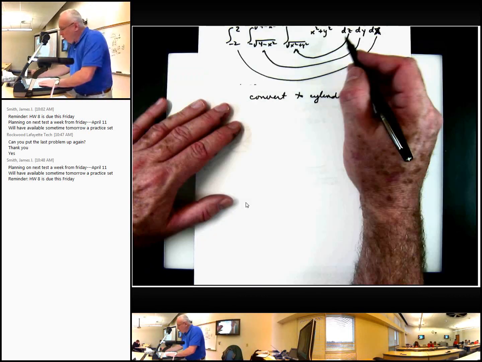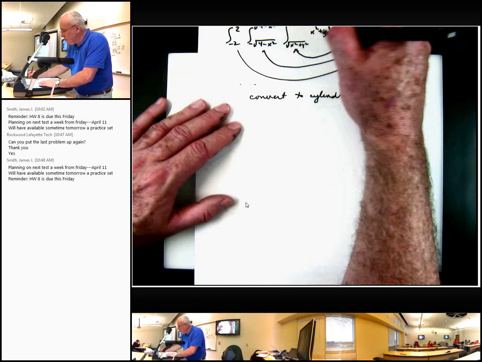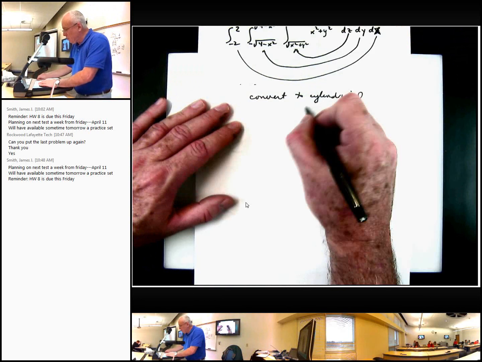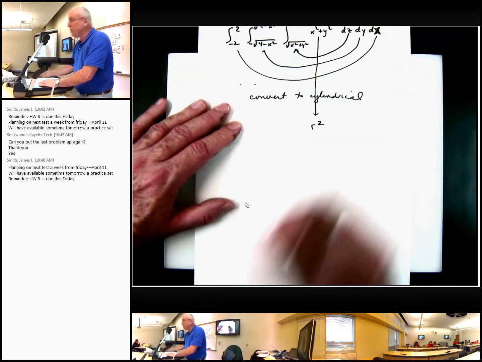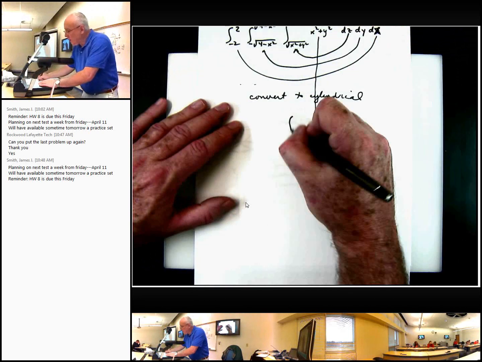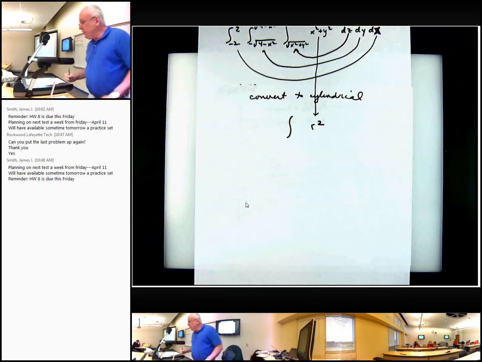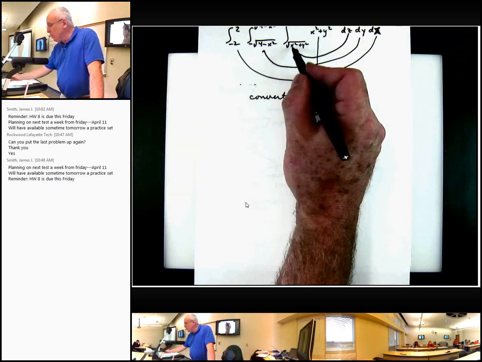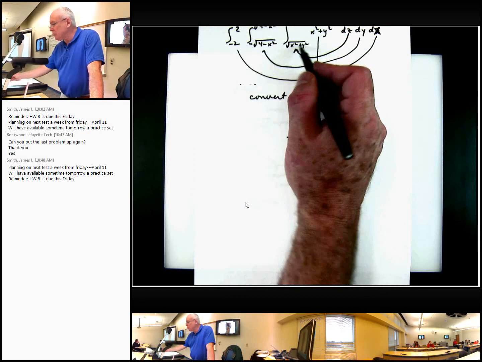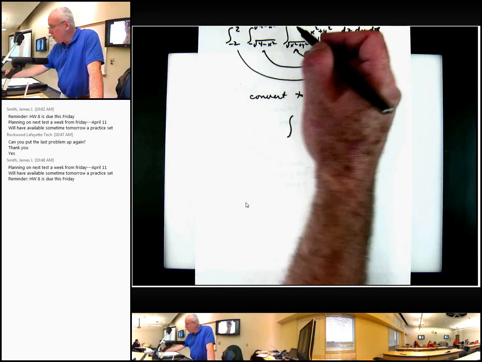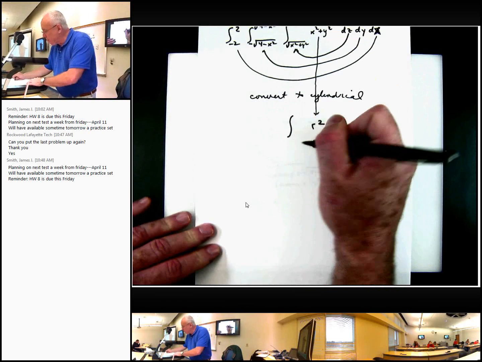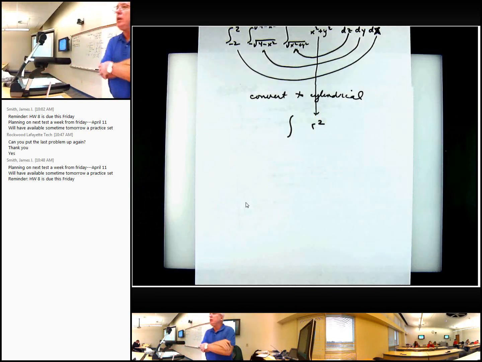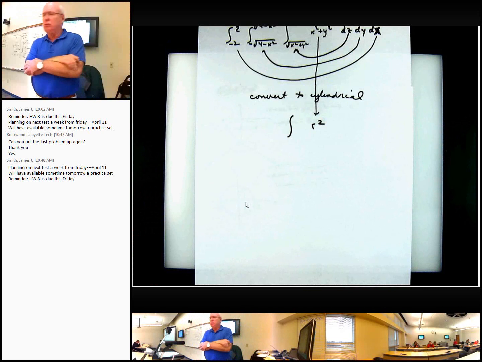Now, first of all, the function that we're integrating is x squared plus y squared. So that's the same as r squared. Now, z is going from the square root of x squared plus y squared to 2. Well, what will I replace for this lower bound of integration for z? What am I going to write there instead of the square root of x squared plus y squared?